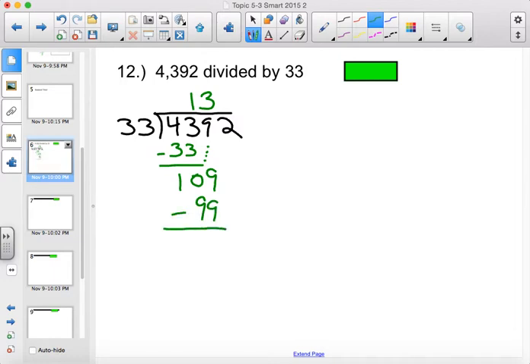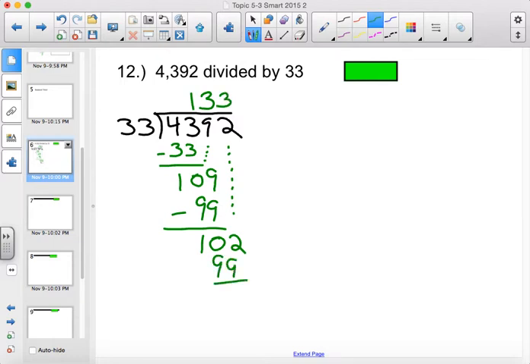This is a nice situation forming up here. 109 take away 99 leaves you with a partial product of 10. Bring down your 2. And you have 102 divided by 33. Again, from the previous division, you know that it'll go in 3 times.